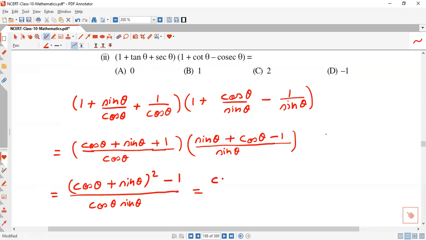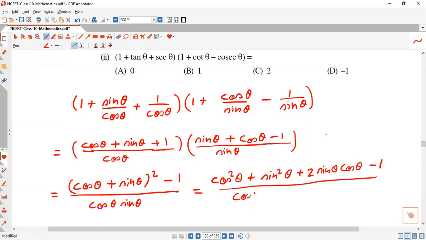So we are getting cos square theta plus sine square theta plus 2 times sine theta cos theta minus 1 divided by cos theta sine theta. Cos square theta plus sine square theta, these two terms are equal to 1, plus 2 sine theta cos theta minus 1 upon cos theta sine theta.